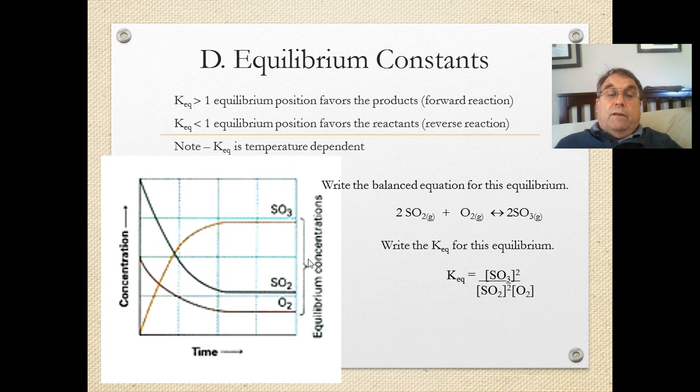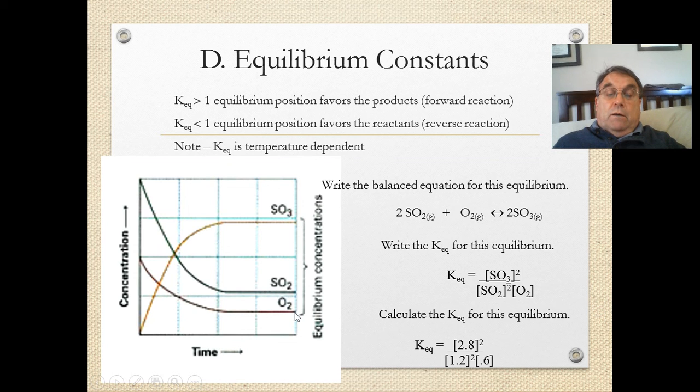Then plug in the values. And if we just say that there's 1, 2, 3, so those are the moles. So SO3 would be about 2.8, and SO2 would be about 1.2, and O2 would be about 0.6, maybe 0.7.